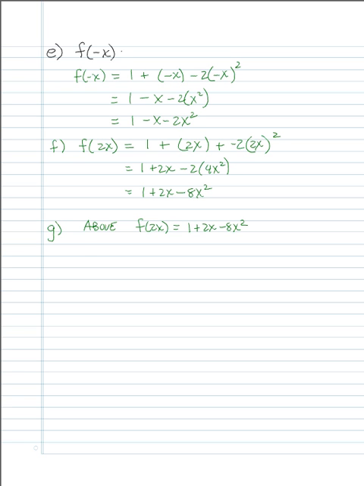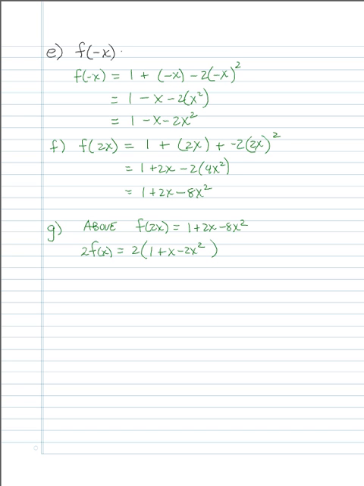And now I want to evaluate 2 times f of x. And so you see there's a different placement of where that 2 is. Now, what I want you to know is that we were already told what f of x is. So this is just saying 2 times our f of x value. And our f of x value we were given as 1 plus x minus 2x squared.